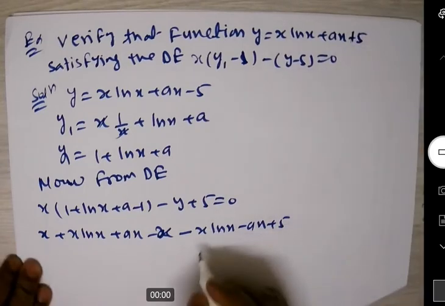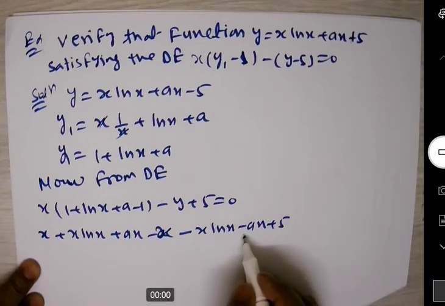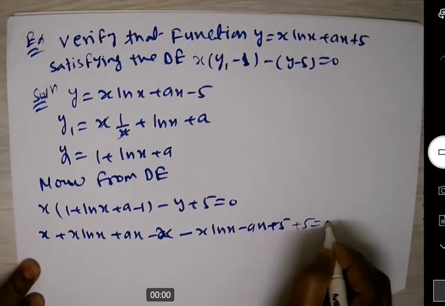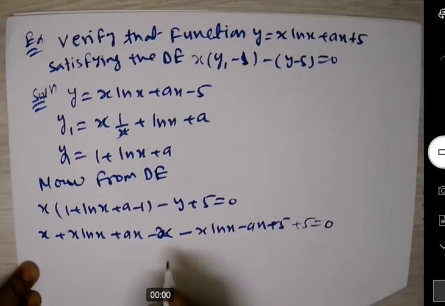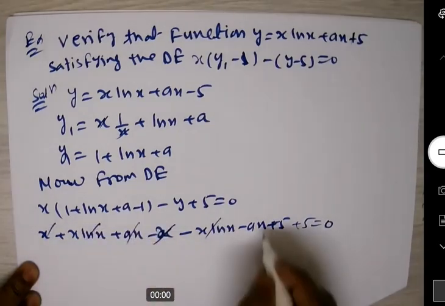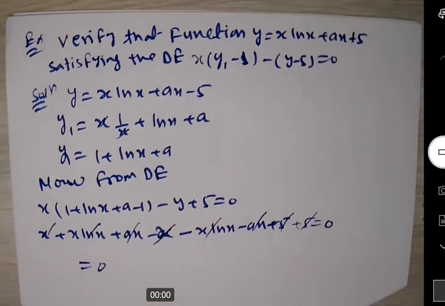So here minus x minus x minus ax minus 5 plus 5 equal to, we have to prove, 0. So see there, this cancels, this one cancels, plus ax minus ax, plus 5 minus 5 cancel. So hence see that one, it is satisfied. That means the differential equation is verified.